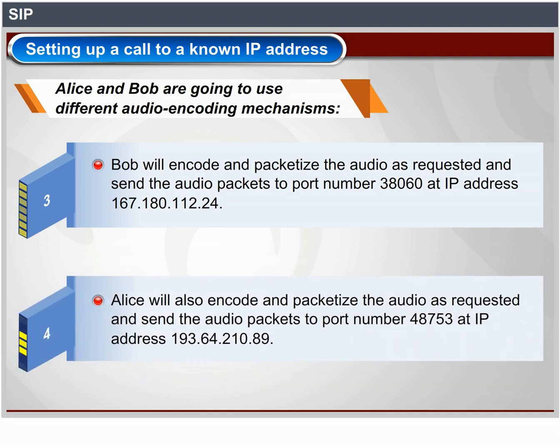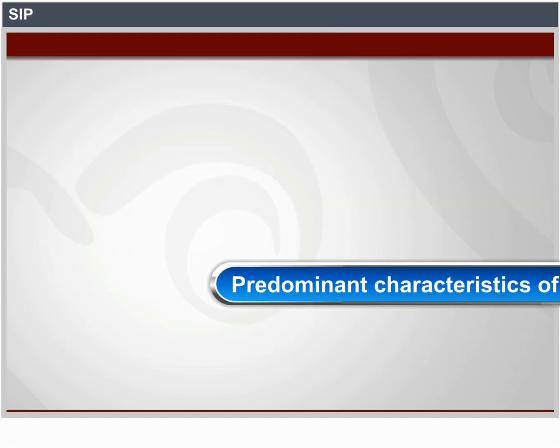Alice will also encode and packetize the audio as requested and send the audio packets to port number 48753 at IP address 193.64.210.89.